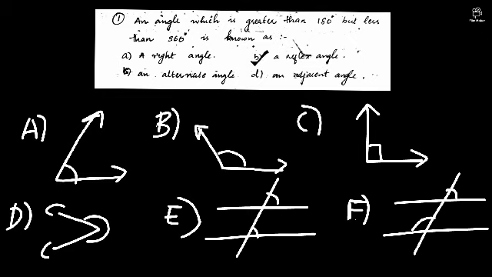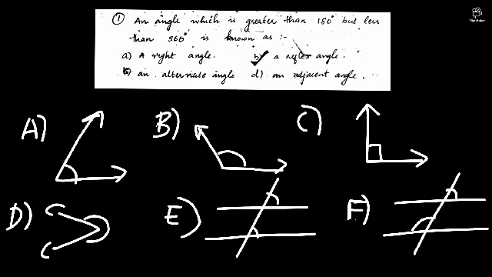And E is adjacent angles, that is two parallel lines cut by a transversal. Adjacent angles are equal.